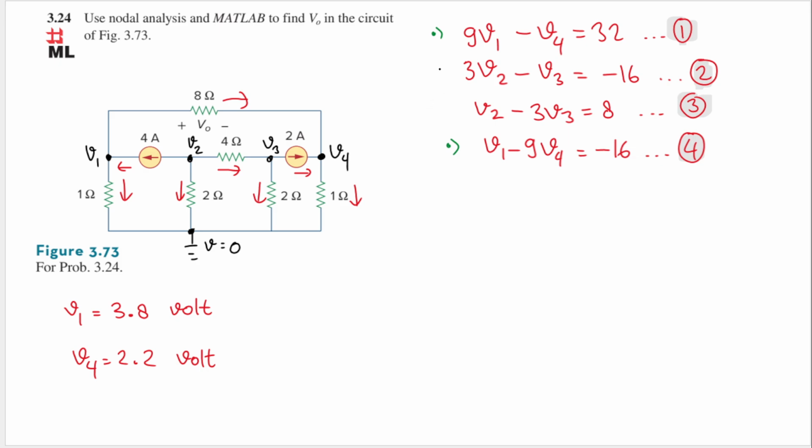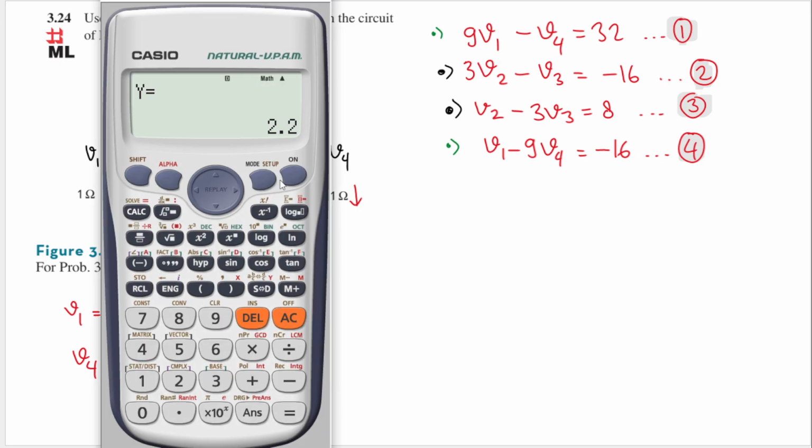Again, we can solve for V2 and V3 using equations number 2 and 3. Let's set up our calculator: equation solver is number 5, 2 variables is number 1. We plug in 3, minus 1, and minus 16.